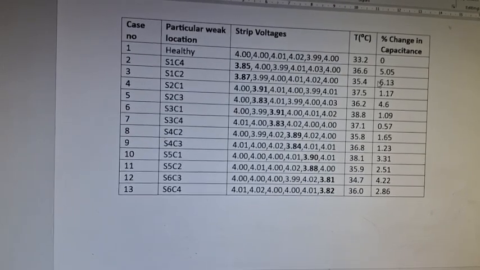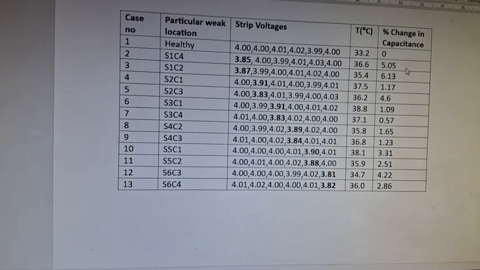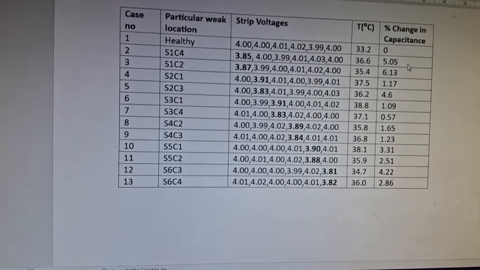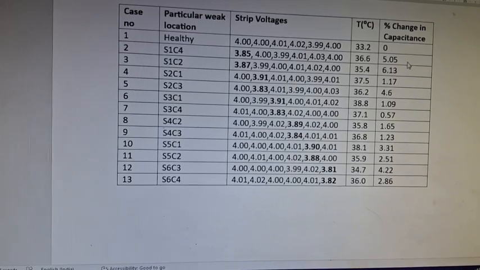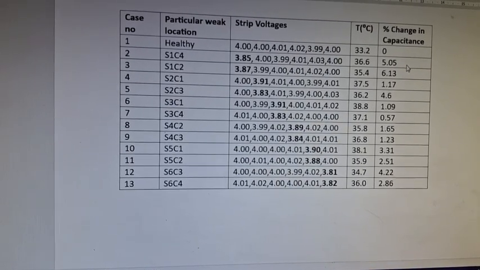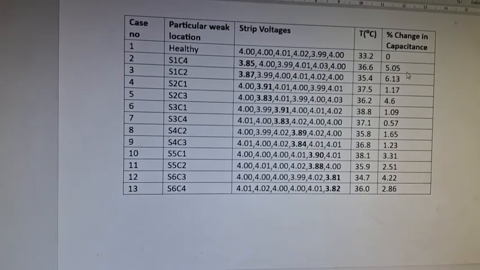So for this weak cell condition, the capacitance process was performed wherein 10 millivolt AC voltage was injected in the battery pack, and the output voltage and current were obtained, based on which the discrete Fourier transform was applied and the capacitance was evaluated.